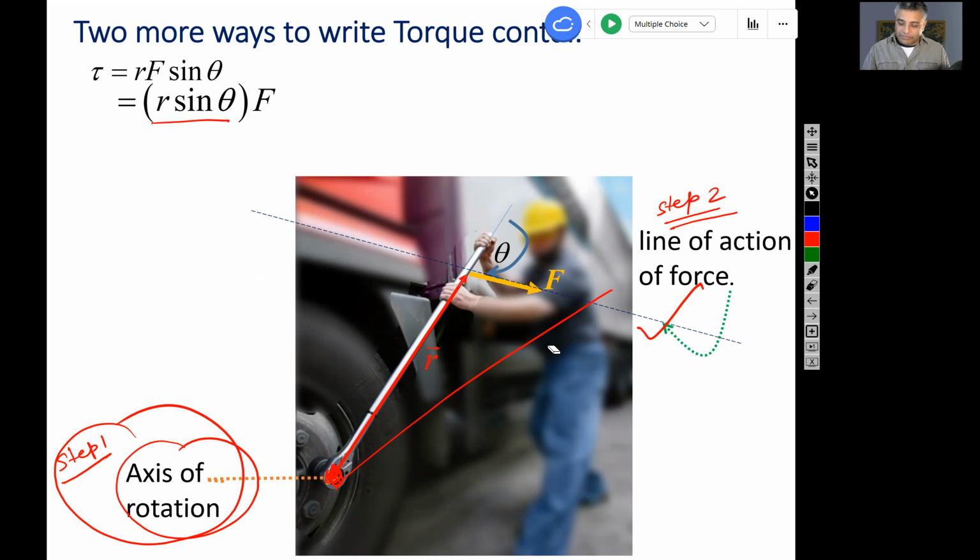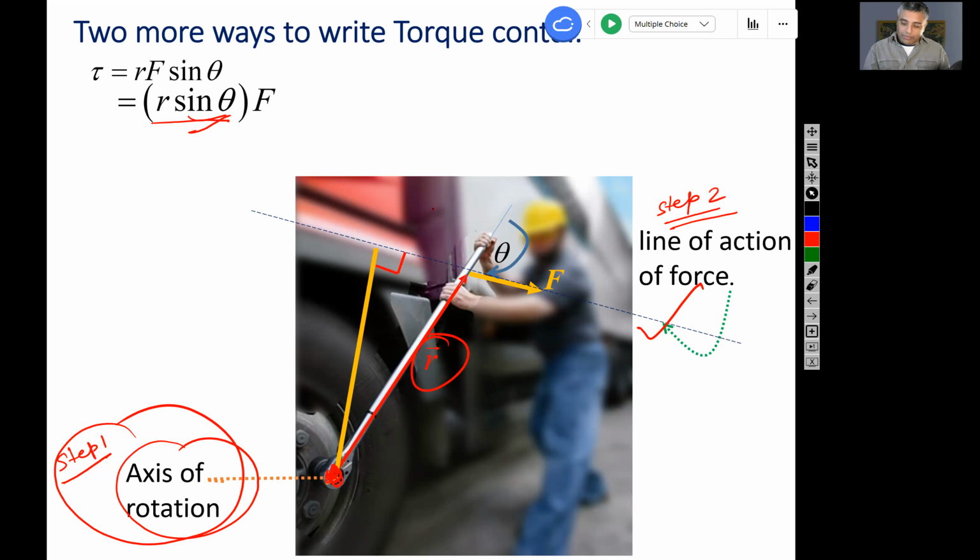The one that makes 90 degrees to the line of action of force, okay? And that's going to be the shortest line. By doing this, we are making 90 degrees, which means now this is our right triangle, and this is going to be that sine theta component. See that? So that's how we are drawing.